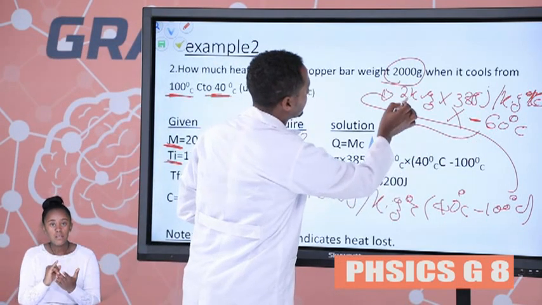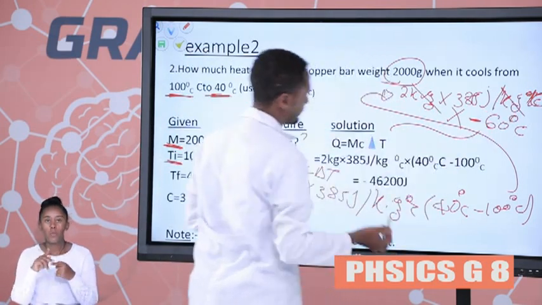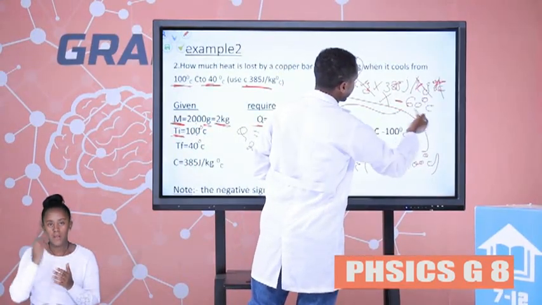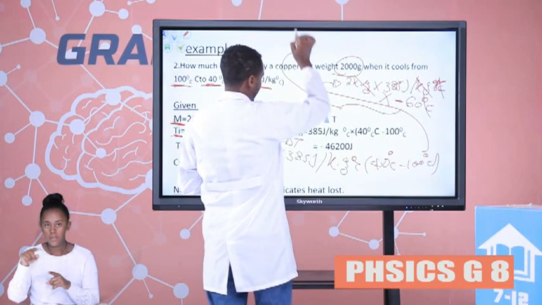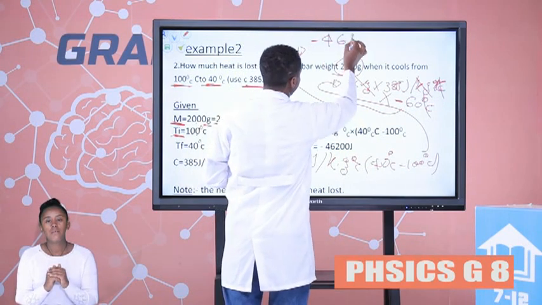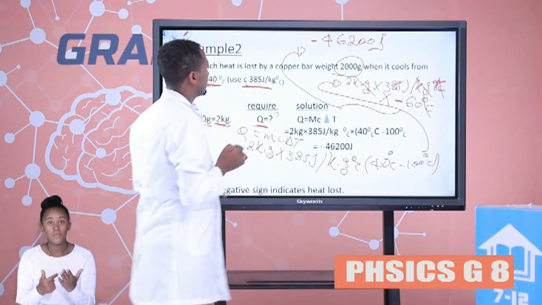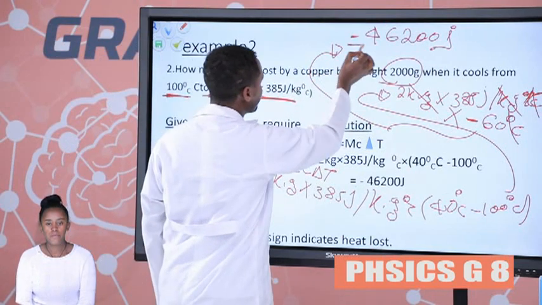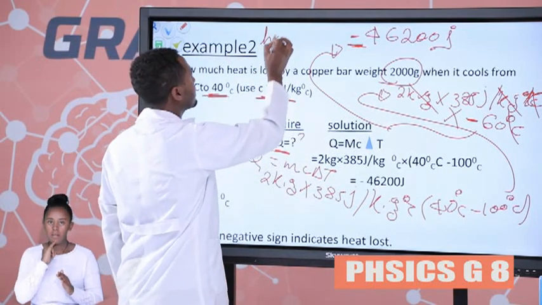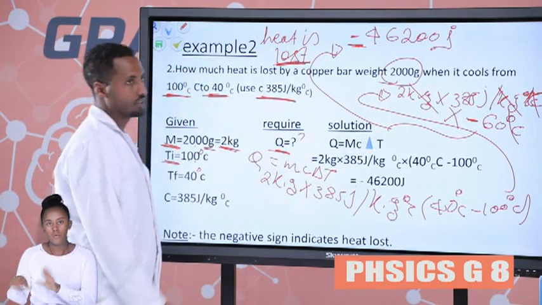Kilogram cancels kilogram, degree Celsius cancels degree Celsius. This is minus joule. This negative sign indicates the heat is lost.